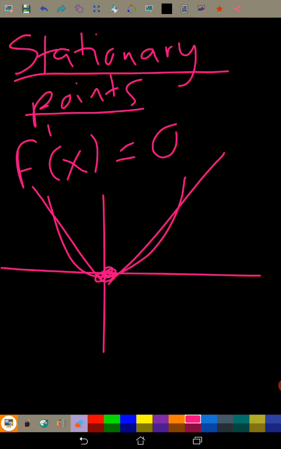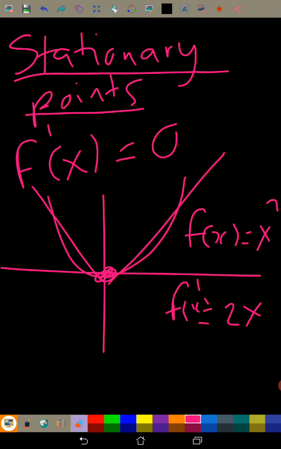Let's stay with f(x) is equal to x squared. We know that the derivative is 2x. But if we define this, so it exists for the range of x being an element of the real numbers.